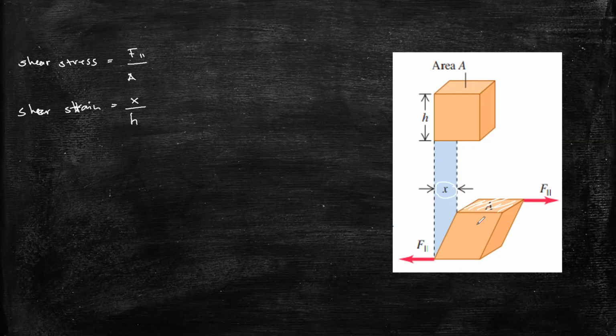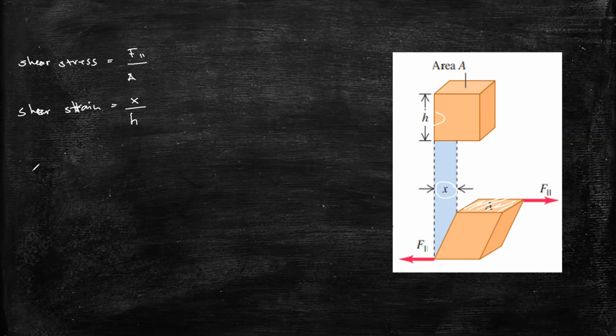As we apply force sideward, the tendency of the body is to slant a little bit. Over h, which is the original height of our object.